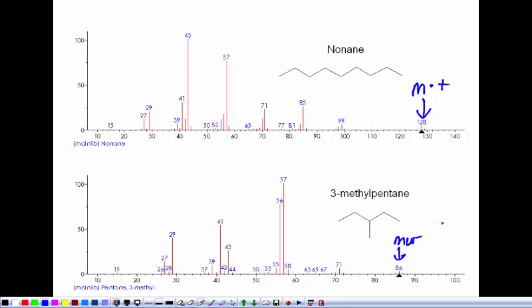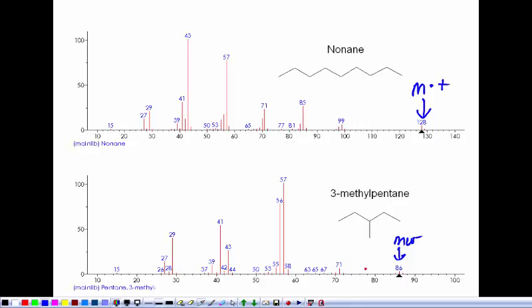Well, if we looked at this, we could actually think about how we get some of these other fragments. And I'm going to talk more in detail about how we get them next week. But let's take a look at the 3-methylpentane. If its molecular weight is 86, there's a peak at 71. Well, how did I get from 86 to 71?